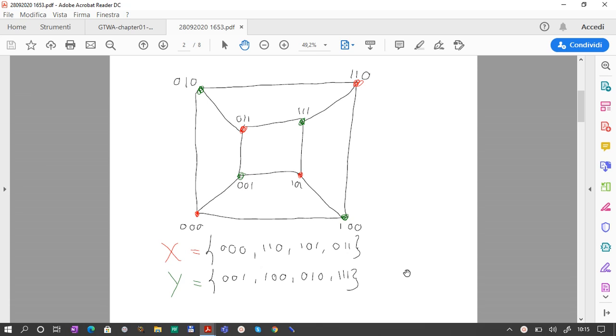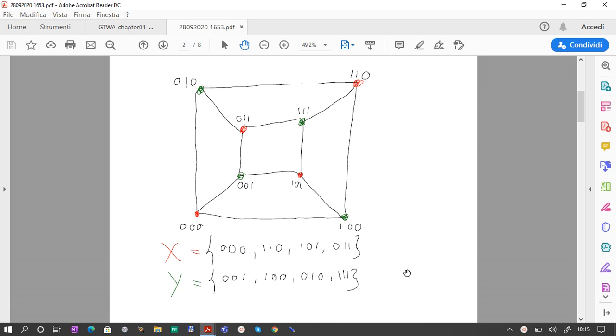Well, what do edges in a k-cube join? They join two k-tuples which differ by just one coordinate. So what does that mean?